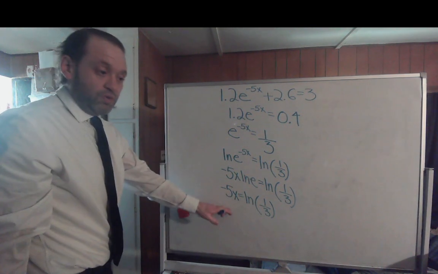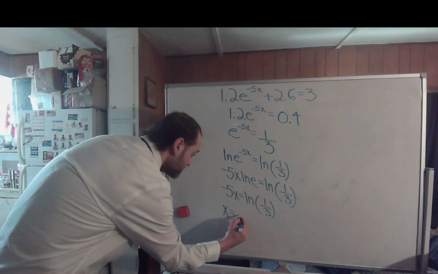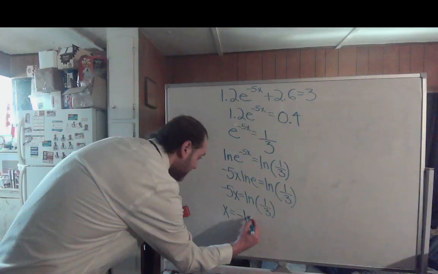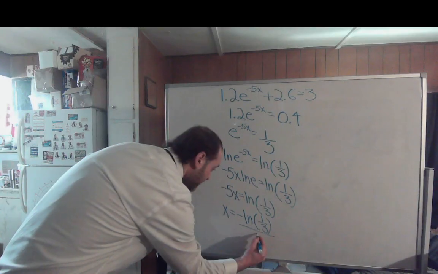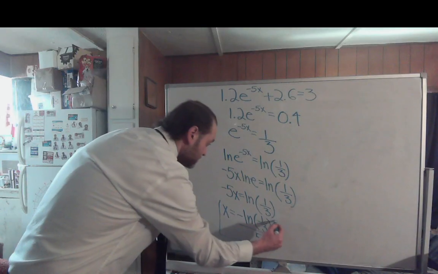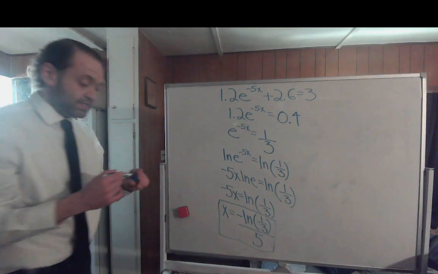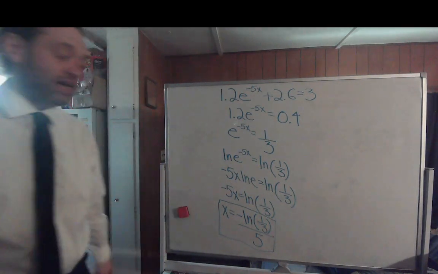Now just divide both sides by negative 5 to solve for x. You'll end up getting that x equals negative of the ln of 1/3 divided by 5. And that's the exact solution.